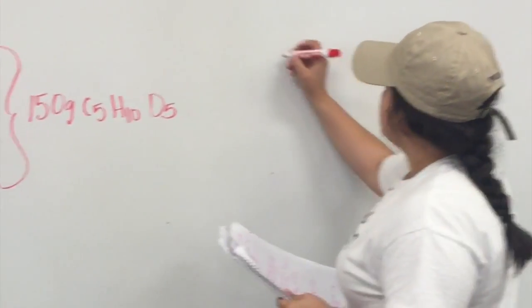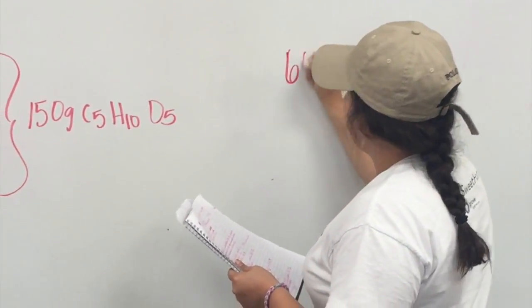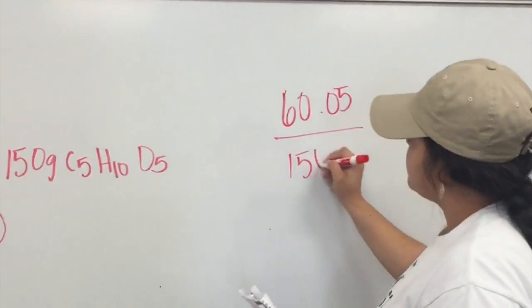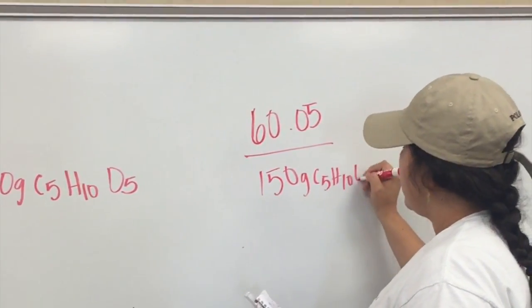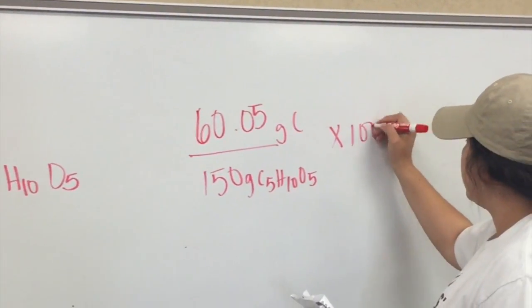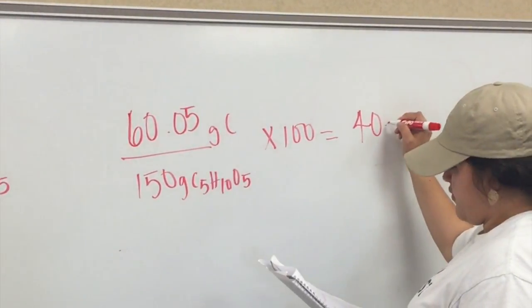So for carbon, it's going to be 60.05 over 150 grams of C5H10O5 times 100, and that's going to give you 40%.